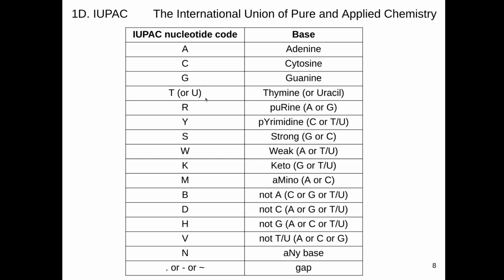So if, for example, we know that the position is occupied by a purine, A or G, we designate it as an R. So R stands for purine. And opposite, if it is pyrimidine, we designate it as a Y. If we don't know at all what the position is, completely unknown, then we designate it with N, which stands for any base or nucleotide, or actually unknown.